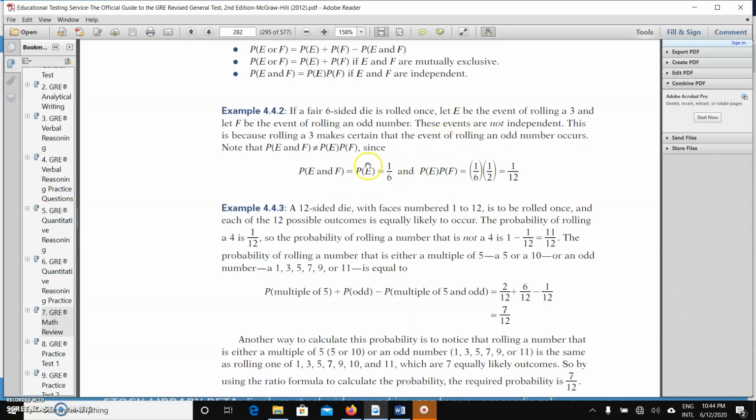So it means that the probability of E and F together is going to be 1/6 for E, the probability of E is 1/6, and the probability of E and F together should be 1/6 times 1/2. Now, very simple. This first space is for 3, right? I have 3, which is the probability for 3 to happen in 1 to 6.